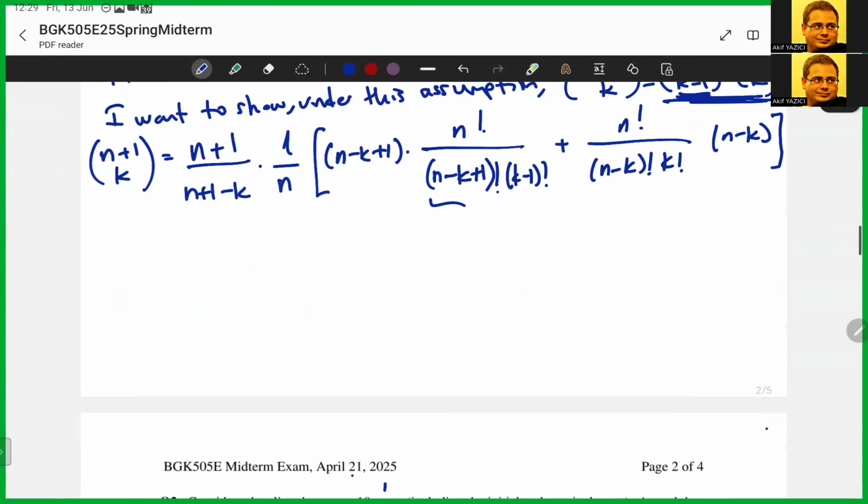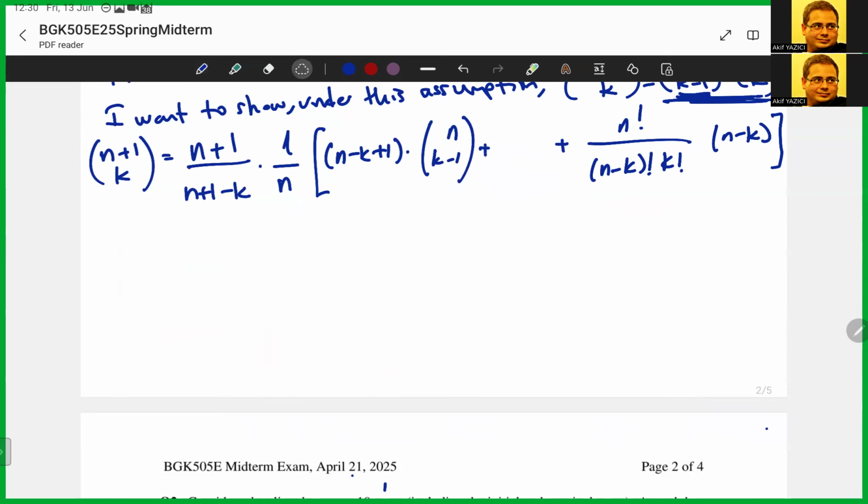And this term you see here is actually going to give me n choose k minus 1. So that will be the first term. You know what? I can directly write here n choose k minus 1.